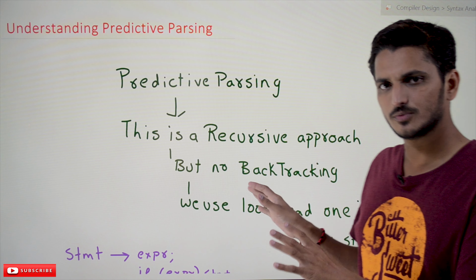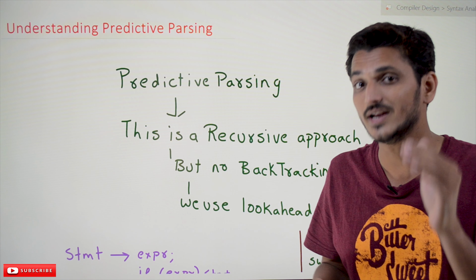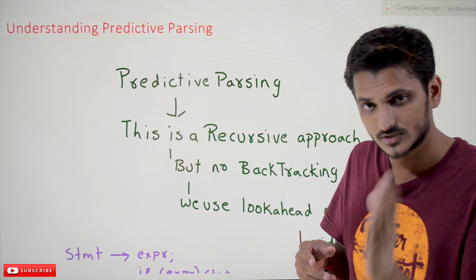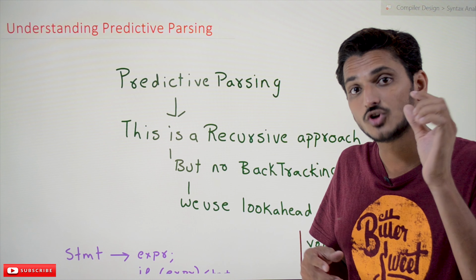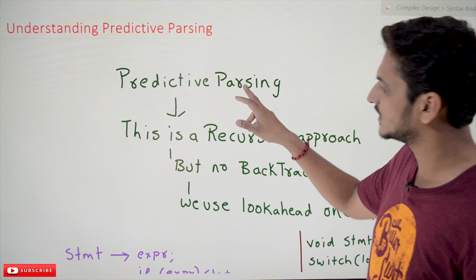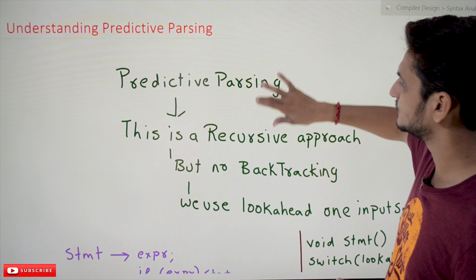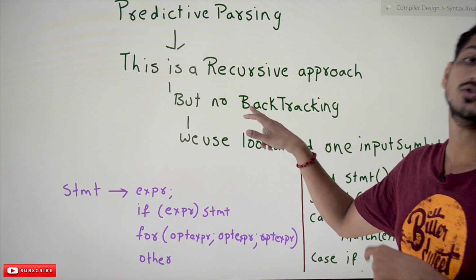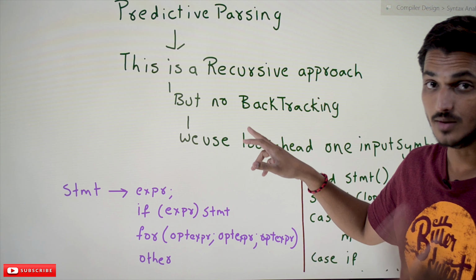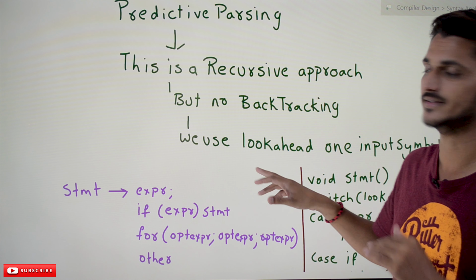In this predictive parsing also we are following the recursive approach, meaning we take a context-free grammar, and for each non-terminal we write a function. Similarly, we will write a function for each non-terminal here in predictive parsing also. But this is going to eliminate backtracking. How we eliminate that, we are going to understand with the example.